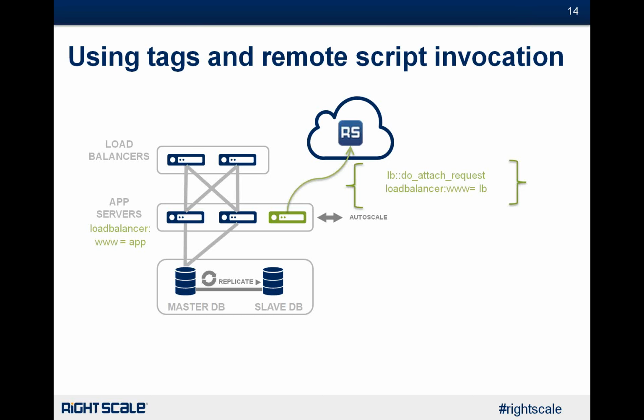That request will be sent to the RightScale platform. The RightScale platform will then dispatch that request to all the load balancers with the corresponding tag, and they'll run their handle attach recipe, and each in turn attach that app server. And now you have a new app server in your load balancing pool.